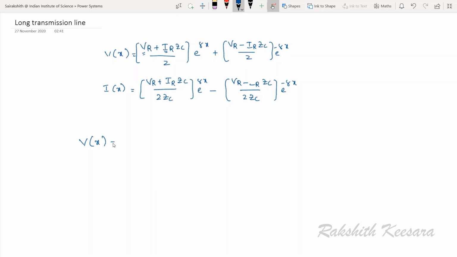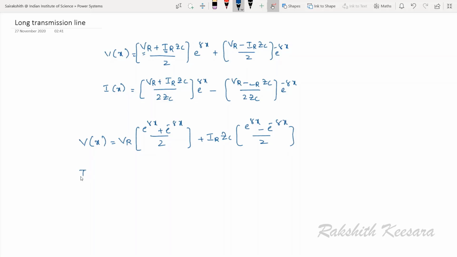So V of x is equal to VR into e power gamma x plus e power minus gamma x by 2, plus IRZC into e power gamma x minus e power minus gamma x by 2.